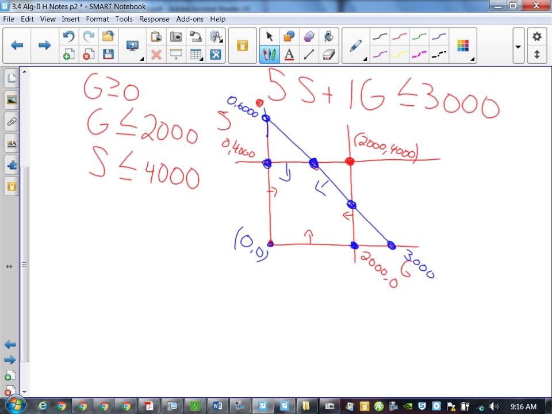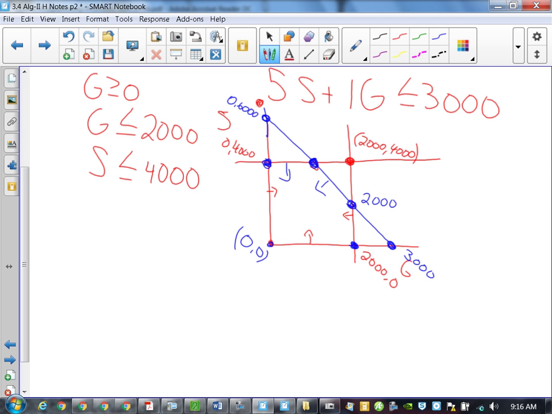Just like the last problem, we know the X value for the one, and we know the Y value for the other. Remember, 2,000 is the G. So half of what is 2,000? 4,000. So this would be at 2,000. Wait. No, hold on. No, it's 2,000, 2,000. Excuse me, I got ahead of myself.